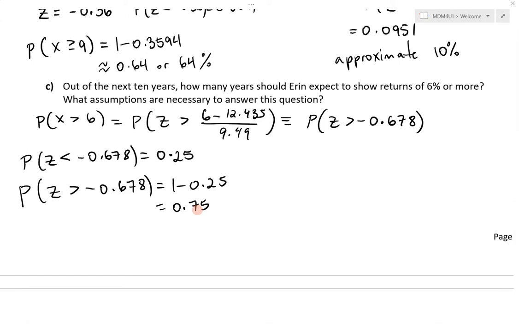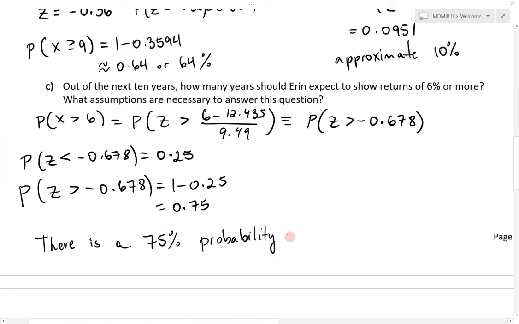So what does that mean? It means that there is a 75% probability of a return greater than 6%.